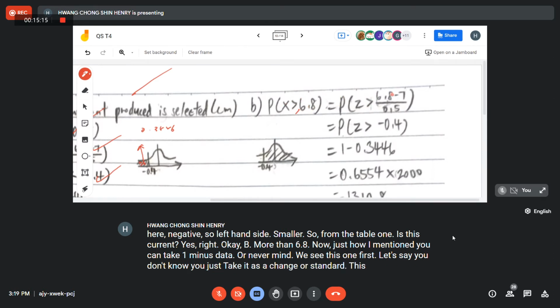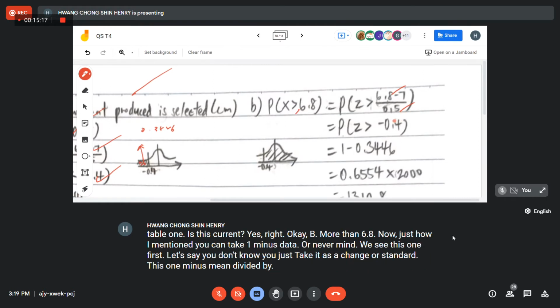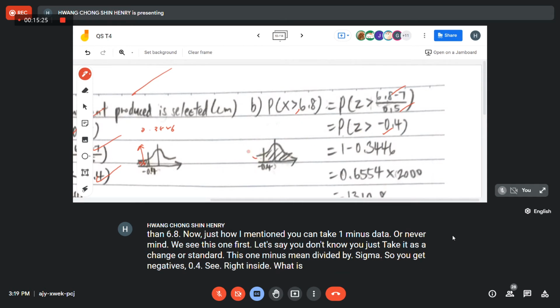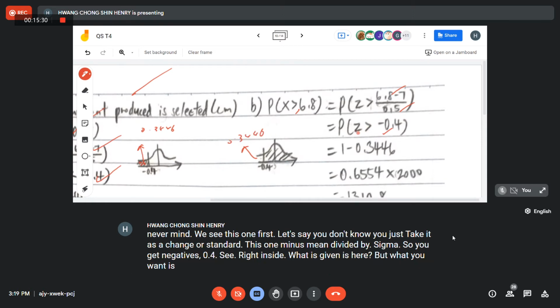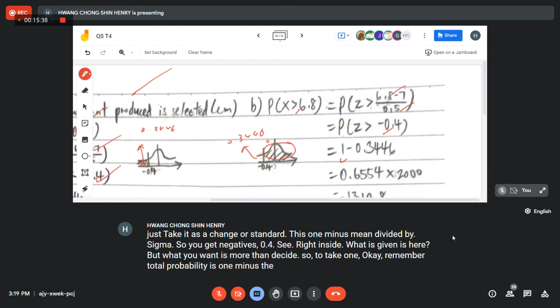This one minus mean divided by sigma. So you get negative 0.4. See? Right hand side. What is given is here. But what you want is more than this side. So you have to take 1. See, okay, remember total probability is 1 minus the one you don't want.